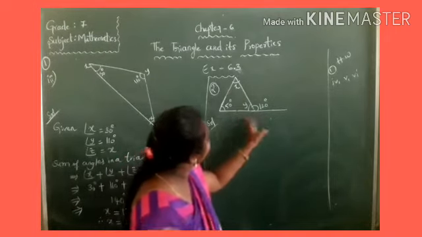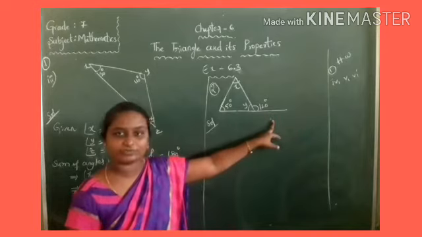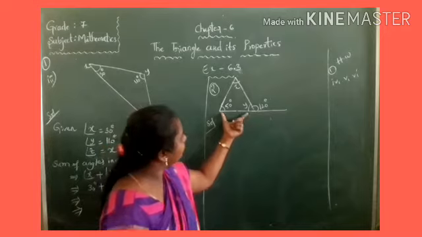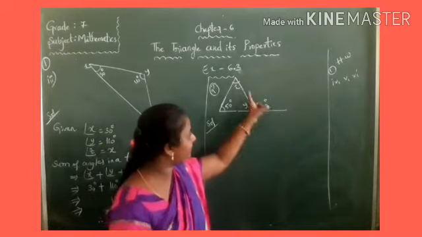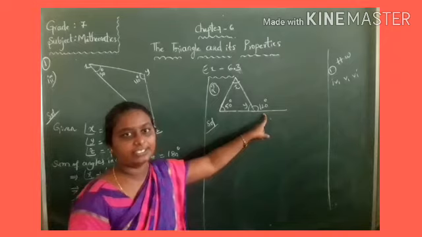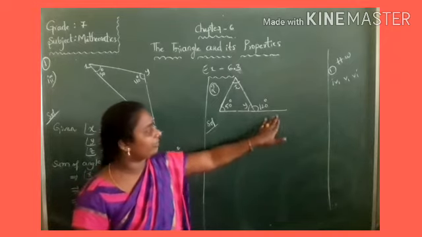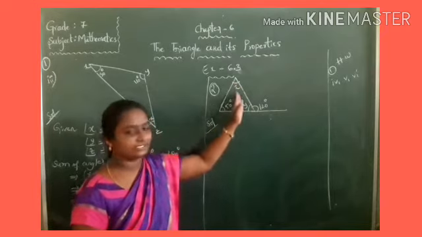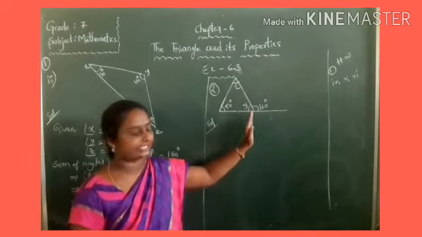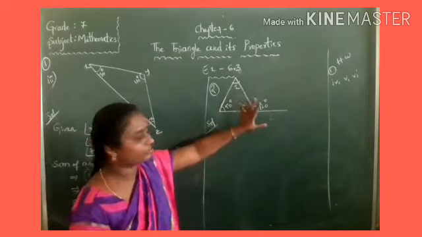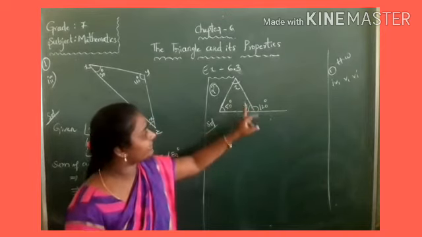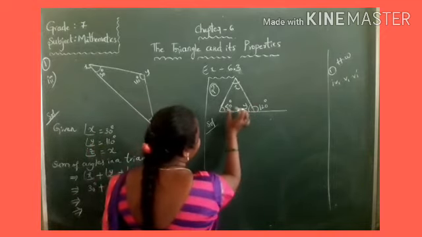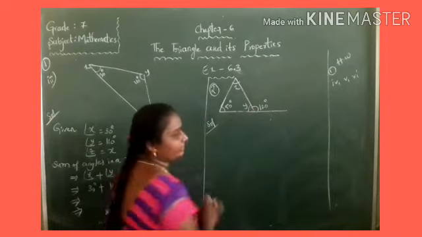Here an exterior angle is formed. It is a triangle, but here this side is produced, so one angle is formed. That angle is called an exterior angle. We know that exterior angle is equal to the sum of its interior opposite angles. Using that property, we find these unknown values. So here x, 50 degrees, y and 120 degrees.